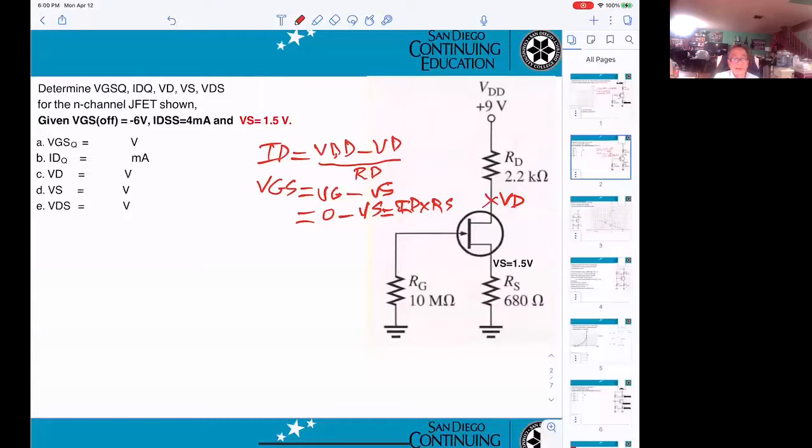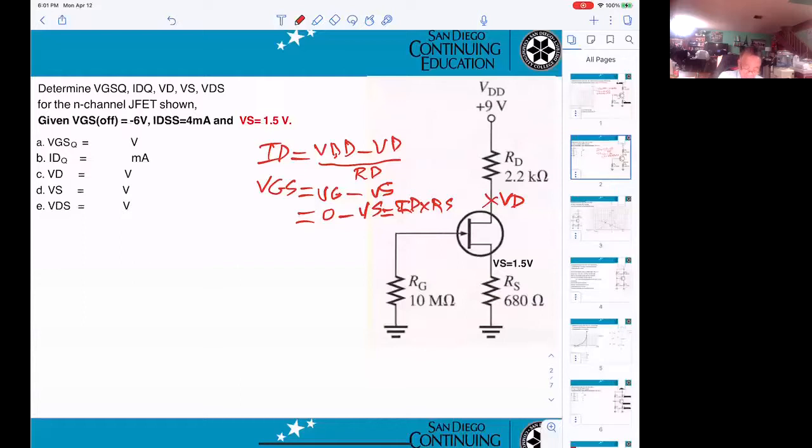I'm just talking about in case they give you VD, then you can calculate ID by the formula I just gave you. On your quiz on Wednesday, you have to deal with that kind of thing. You don't know if I give you VD, or ID, or VS. Either way, we have to know how to do the calculation.